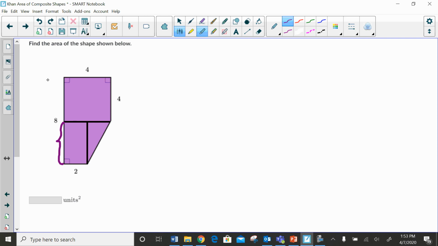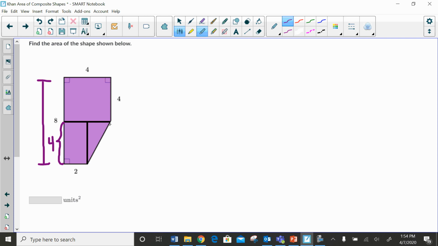And the 8 says it's 8 for the whole side of this composite shape. Well, look over here. This is 4. So from here to here is 4. What does that leave us with here? 8 minus 4 is 4. So the side of our rectangle is going to be 4.